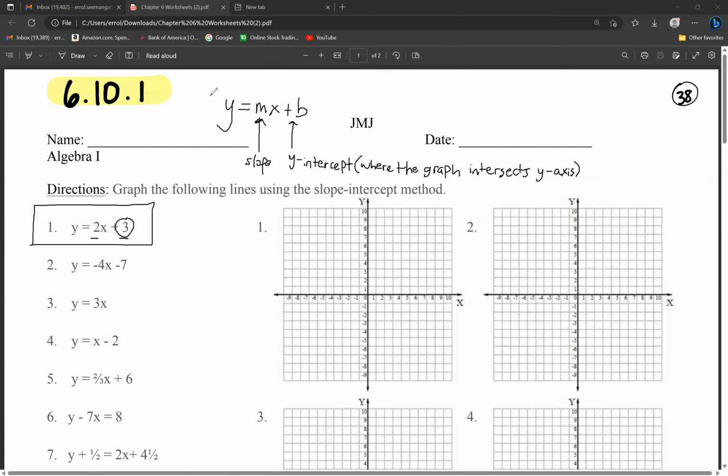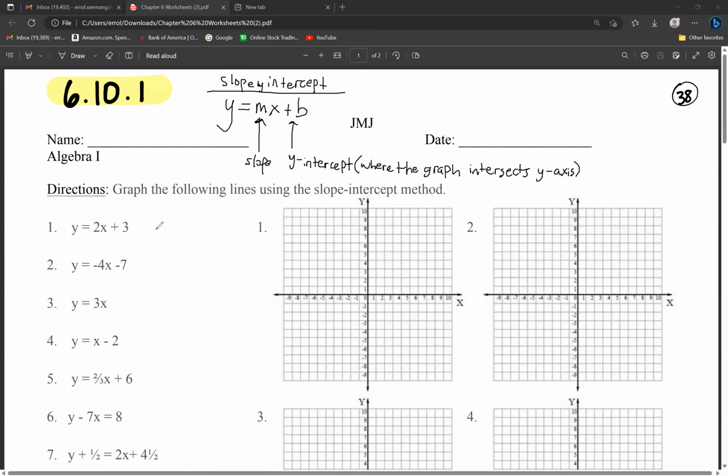Put it in this slope intercept form. This is called the slope intercept form, slope y-intercept form. So first step, we got to put it in the slope intercept form. Number one's already in the slope y-intercept form. All right, so we're going to start with the y-intercept.